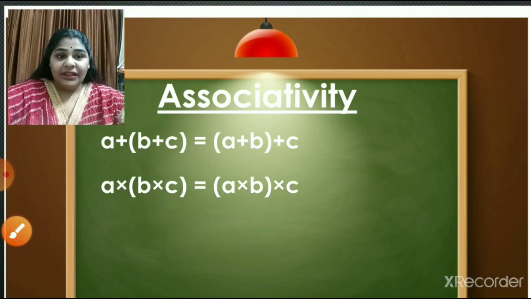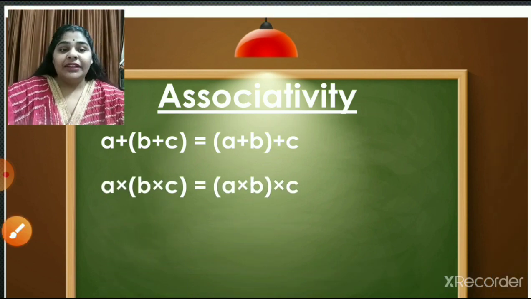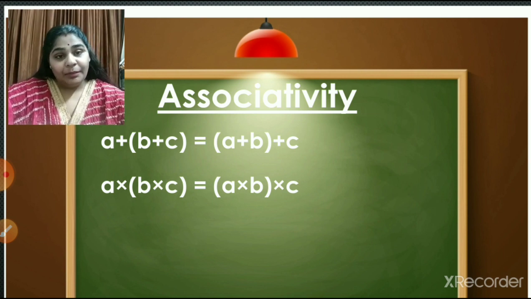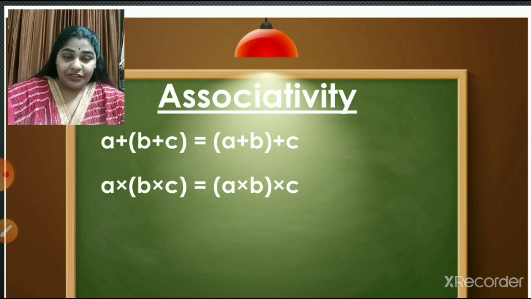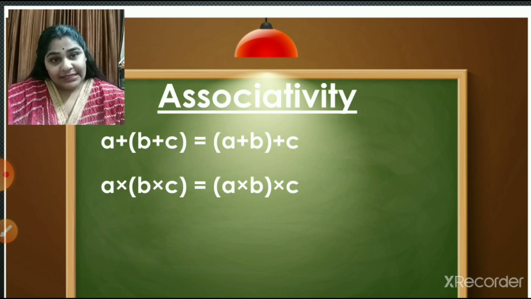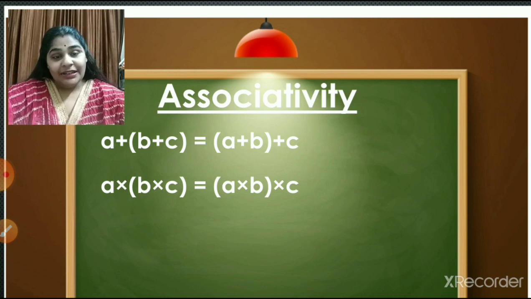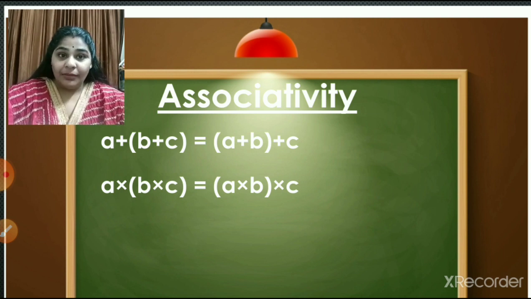And similarly for multiplication also, if there are three rational numbers, whether you multiply the first two and then multiply the third to that product, or you multiply the last two and then multiply the first one to the product, whichever way, the answer will be the same. So hence we can say addition and multiplication are associative for rational numbers.